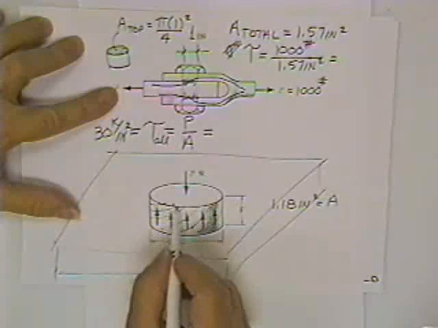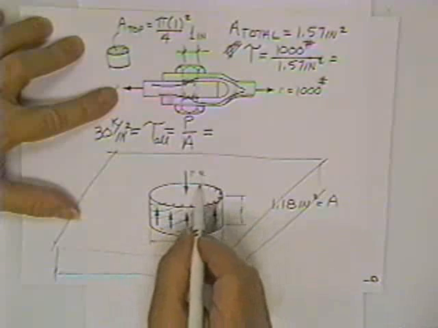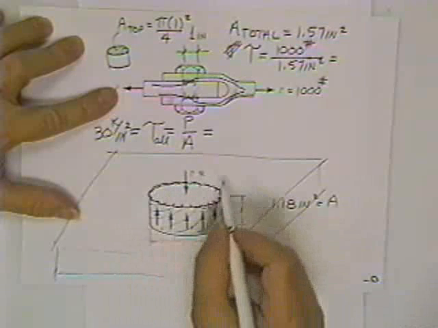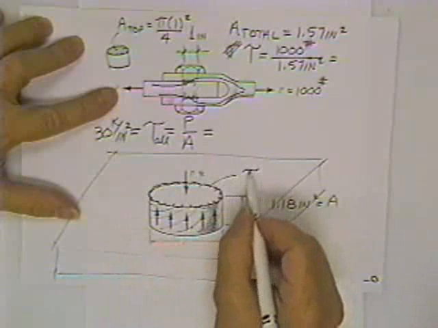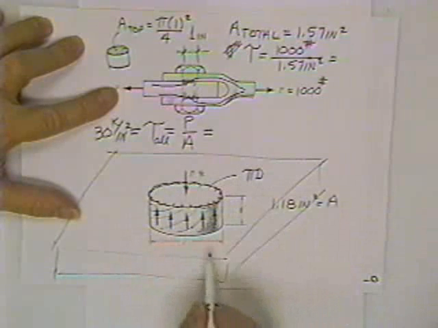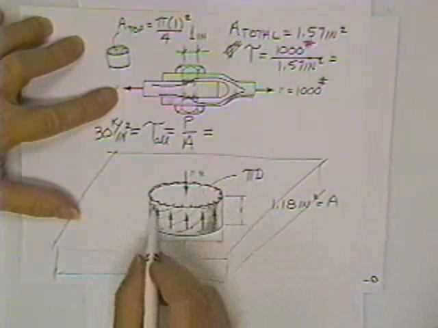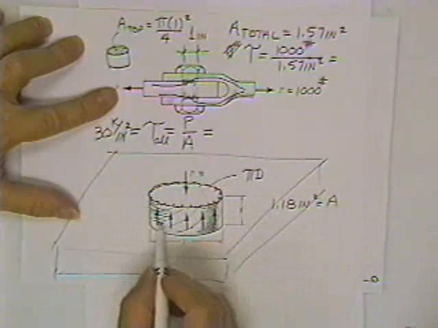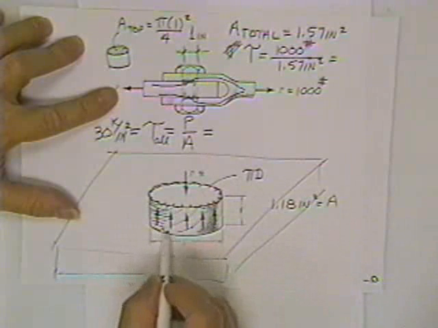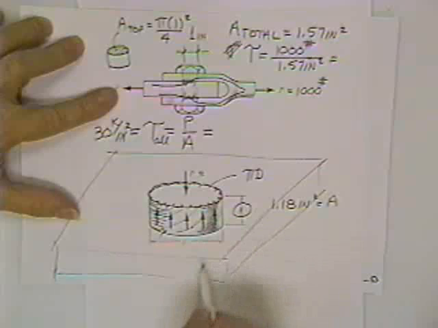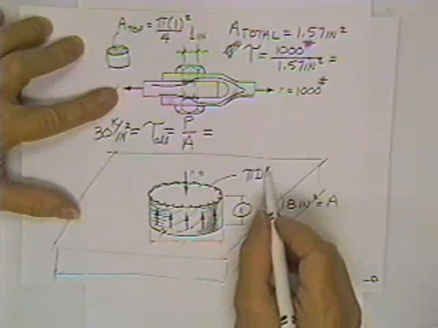So to get this area, all you do is multiply how far it is around that surface. That distance around would be pi d. You multiply the length of that line times how far the line moves to get from the top to the bottom. That would be how thick the piece is.